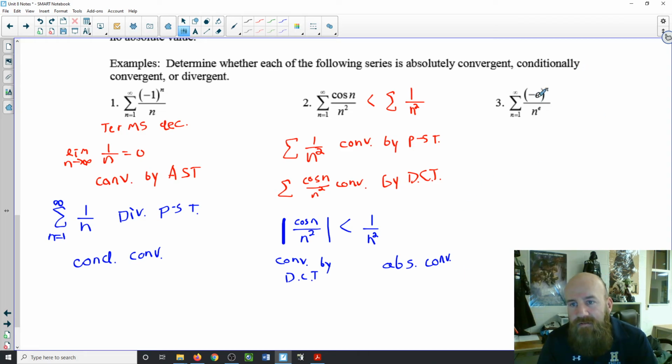And then the last one, if we look at this, we have n to the e underneath, negative e to the n. So this is divergent by nth term test, because top's going to grow faster than the bottom.